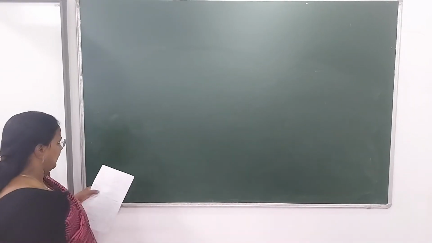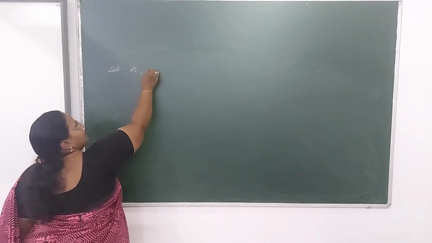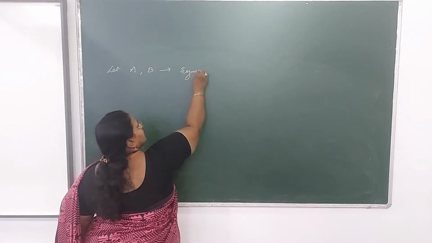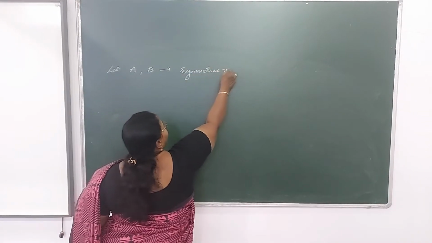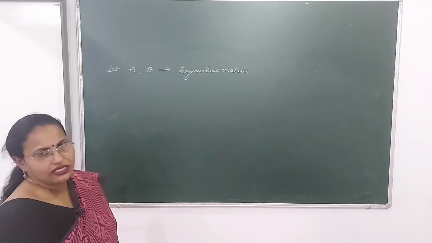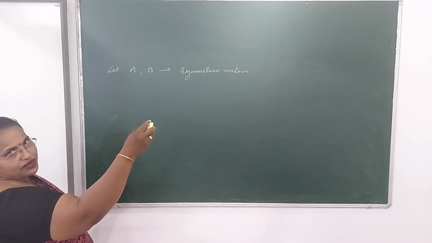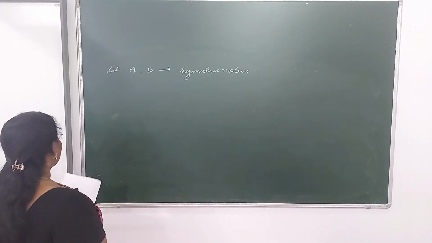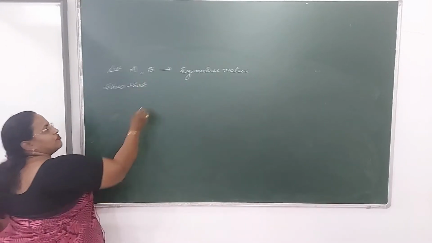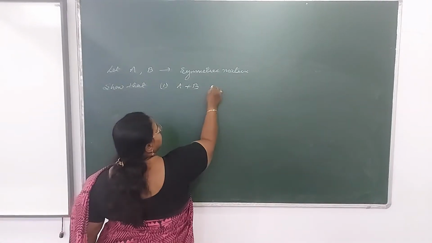Okay, the question is: let A and B be symmetric matrices of any order. Definitely it should be a square matrix, then only you can say A and B are symmetric matrices of the same order. Then the question is, show that, first, A plus B is a symmetric matrix.